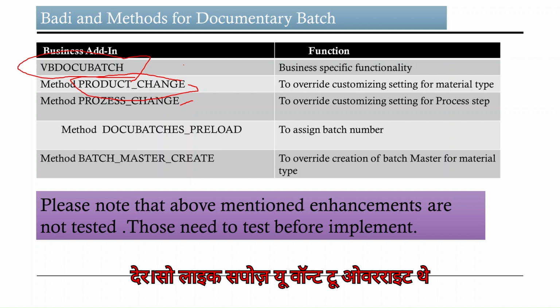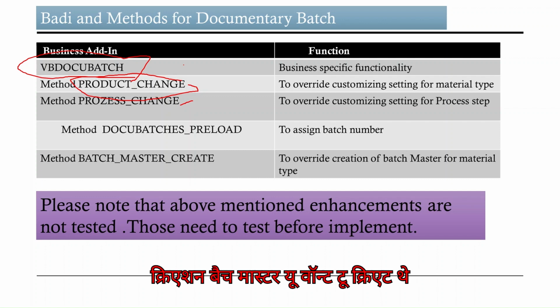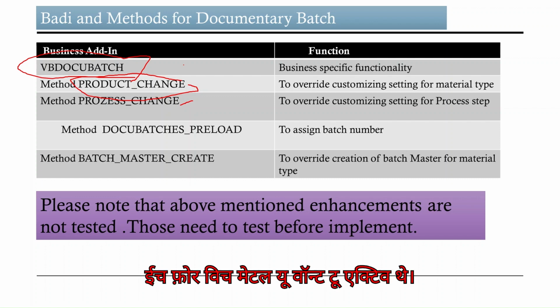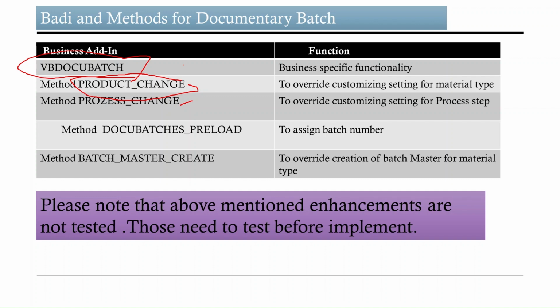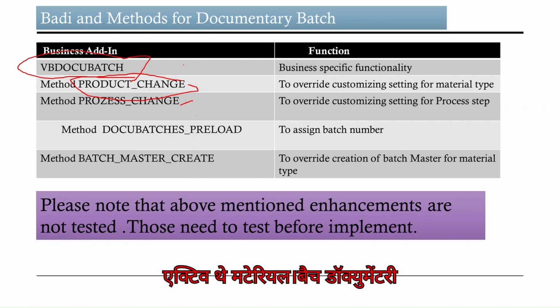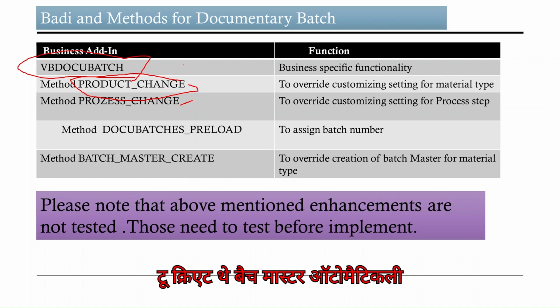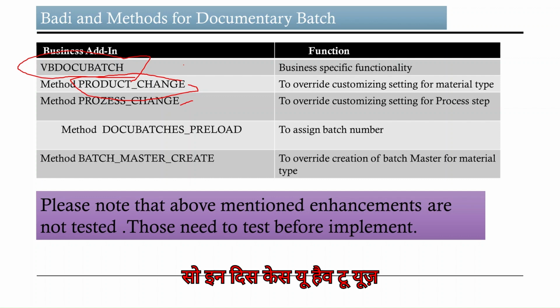Suppose you want to override the batch master creation, for which material you want to activate the documentary batch, and you want to create the batch master automatically. In this case you have to use the method BATCH_MASTER_CREATE.